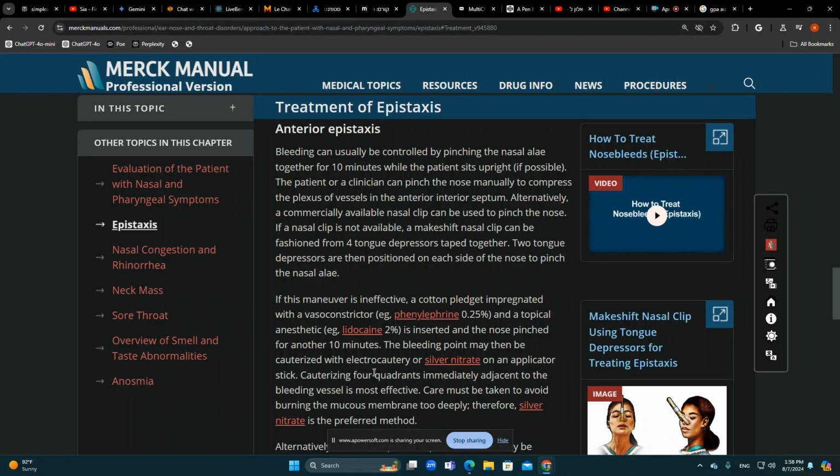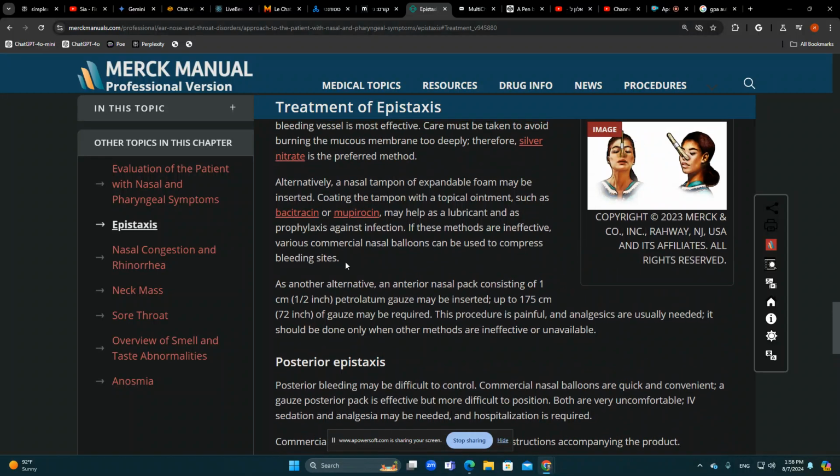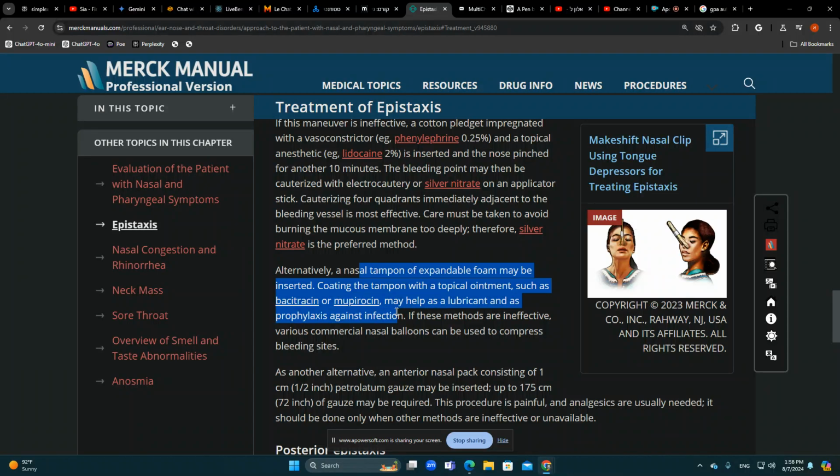Sometimes cauterization is needed, either electrical or using silver nitrate that can burn the area, burn the blood vessels. You can put the gauze with mupirocin or bacitracin. Putting a tampon that can expand in the nose is also an option, with some mupirocin or bacitracin so it won't cause infection.